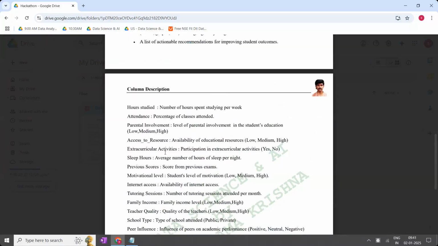Generally they will provide this nomenclature, 100% they will provide. Who will provide, sir? Whoever has shared the project and the data set has to provide it, because in the data set, shortcuts will be there and column names will not be clear. The person who is uploading the data set only has to provide this nomenclature also.